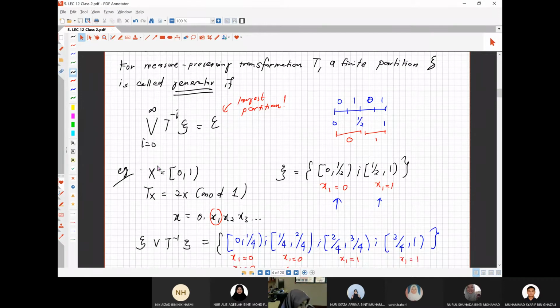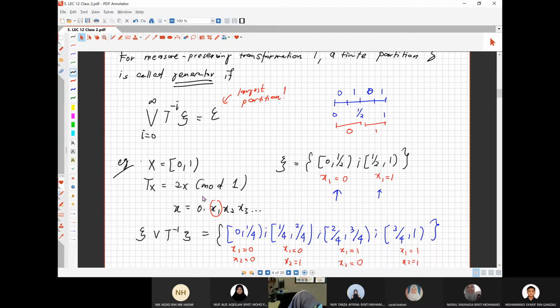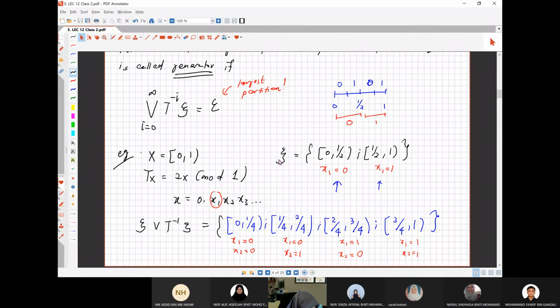First I consider the segment 0 to 1 with the dyadic transformation. The dyadic transformation can be defined this way: x equals to 0.x1, x2, x3 and so on. First I have the partition: 0 to half and half to 1, because I have 2x. So that means I have only 2 elements in the partition, 0 to 1 only.